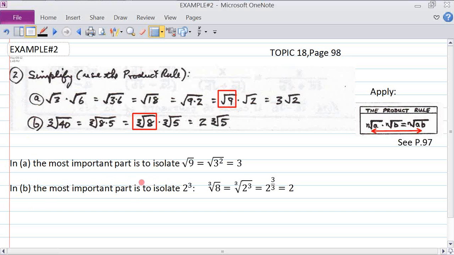In part B, the most important part is to isolate the 2 cubed, because the cube root of 2 cubed is 2 to the 3 over 3, which is 2, which was what we did over here. So we went from the cube root of 8 to 2.